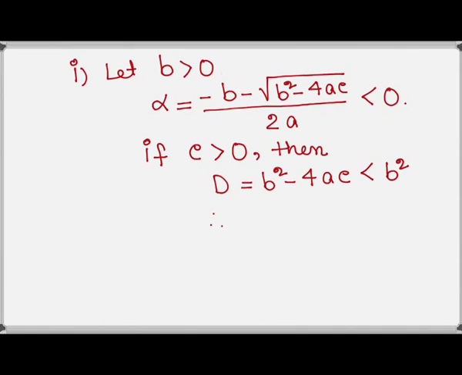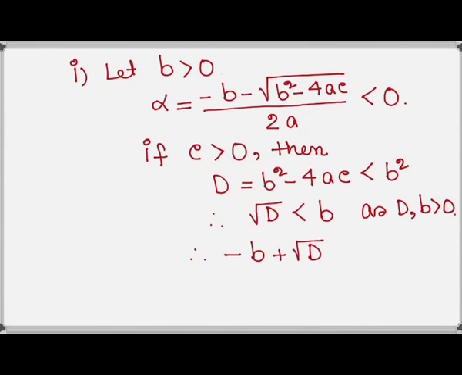So therefore we get that square root of D is strictly less than b, as D and b both are strictly bigger than 0. So therefore from here we can write that minus b plus square root of D is negative.